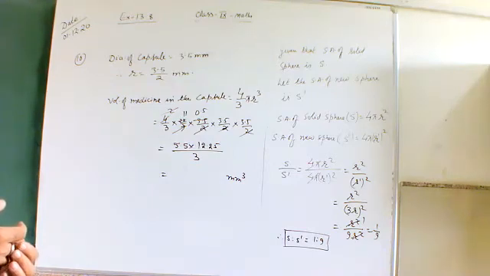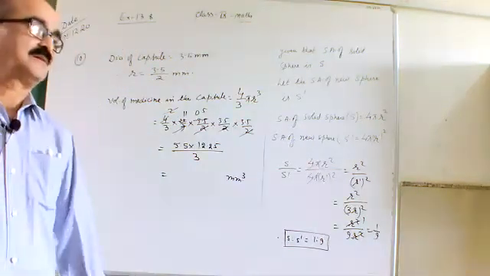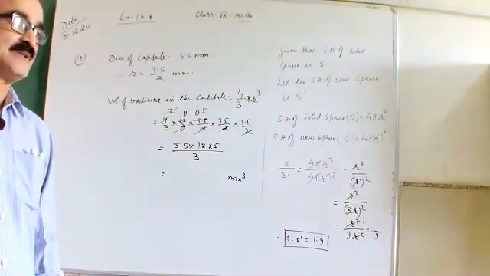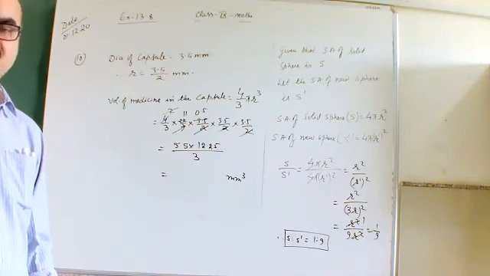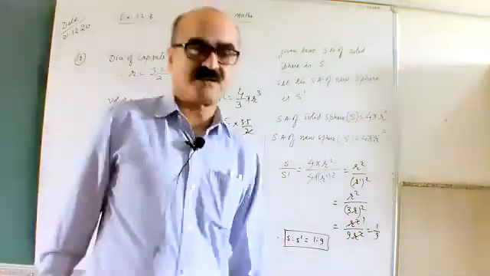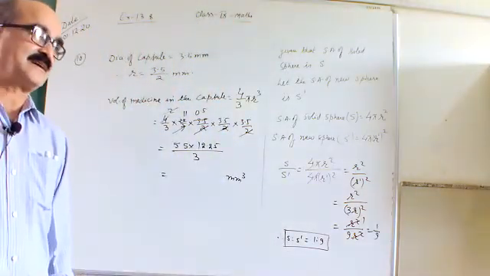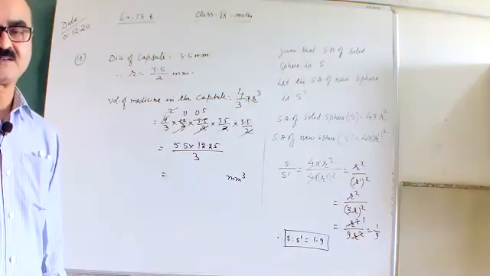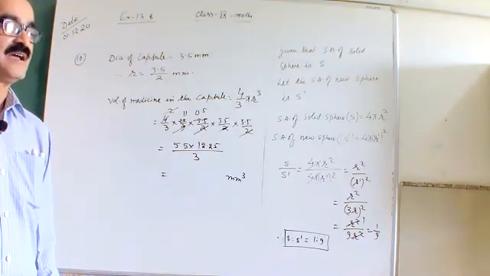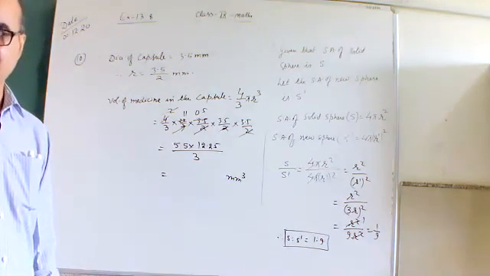So please prepare for the enrichment test. It will take hardly only 10 minutes. I'm giving a very important chapter, that is Heron's formula. Heron's formula is very important. There are so many different figures: right angle triangle, scalene triangle, isosceles triangle, and area of parallelogram, rhombus, square, rectangle.